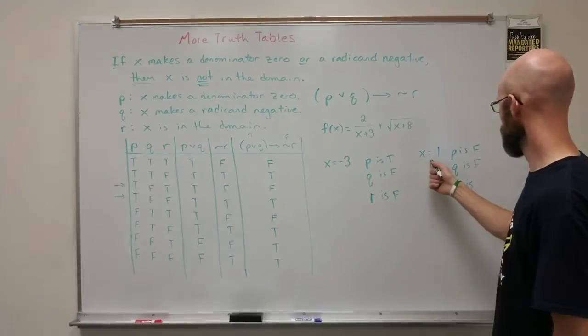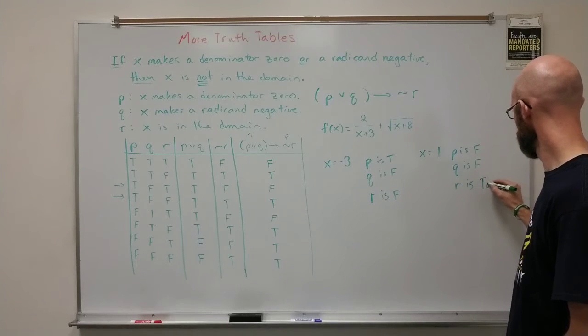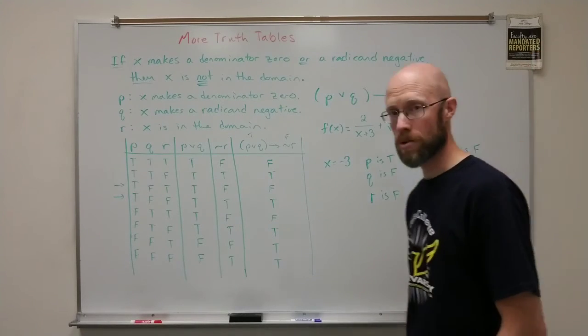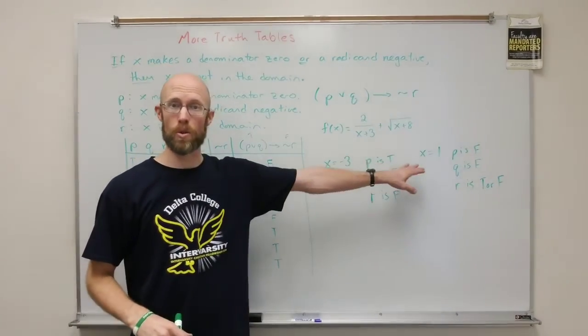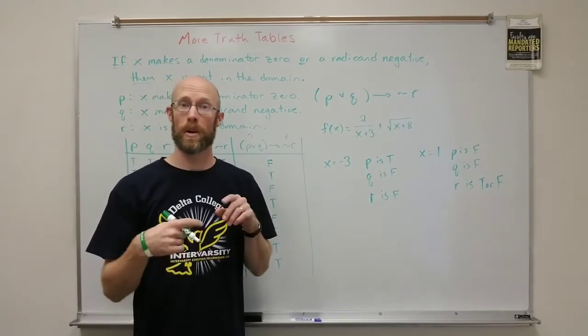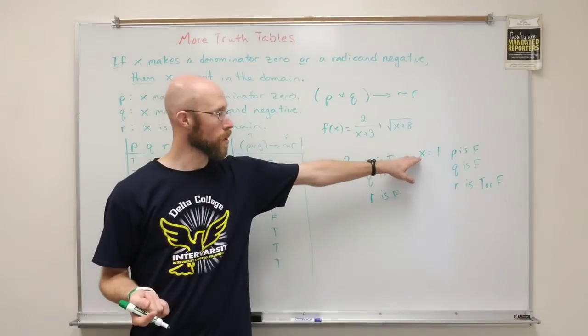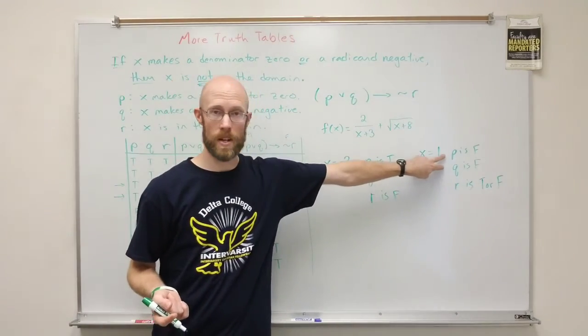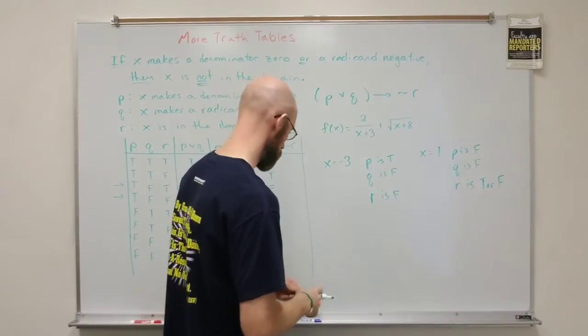So in this case, the number 1 could be either true or false. Now, in our example, it's true that 1 is actually in the domain of this, but I could write a different function and find that 1 is not in the domain, even though it makes P and Q both false. Let me show you that example.